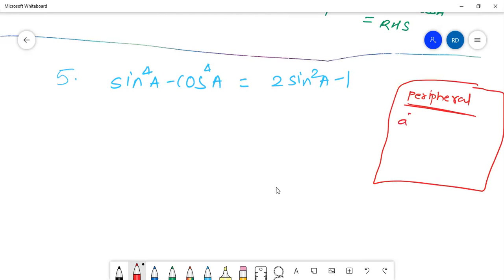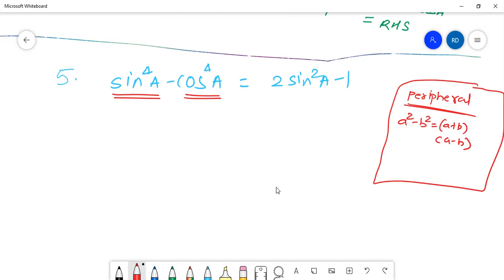So here the formula is a square minus b square is equal to a plus b times a minus b.